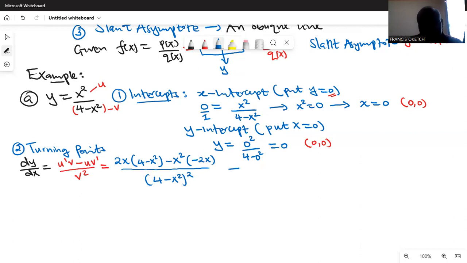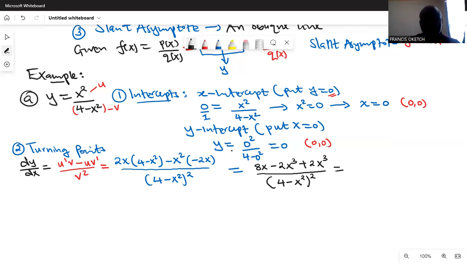So in the numerator, if I open the bracket in the numerator, what will I get? I'm going to get 8x minus 2x cubed plus 2x cubed, everything over 4 minus x squared, and that is squared.